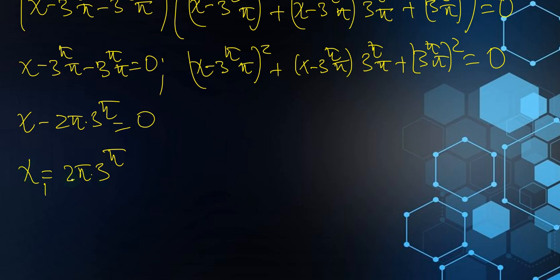Remember, we just have 2 pi times 3 to the pi here, so just be careful not to make a confusion here. So now here we have something really interesting.